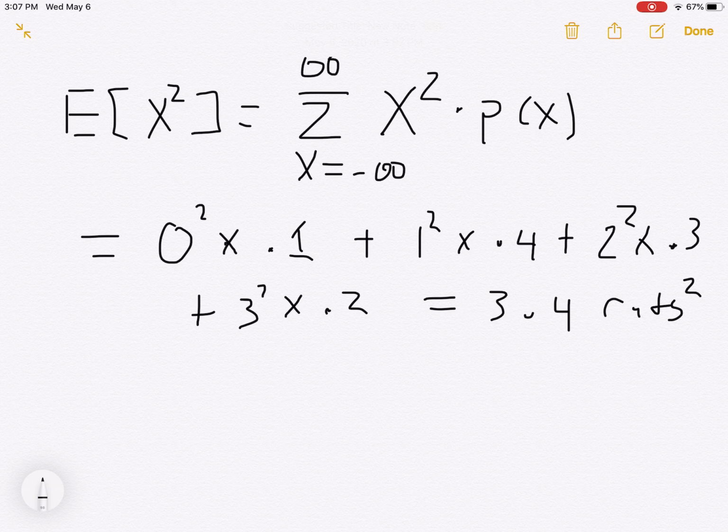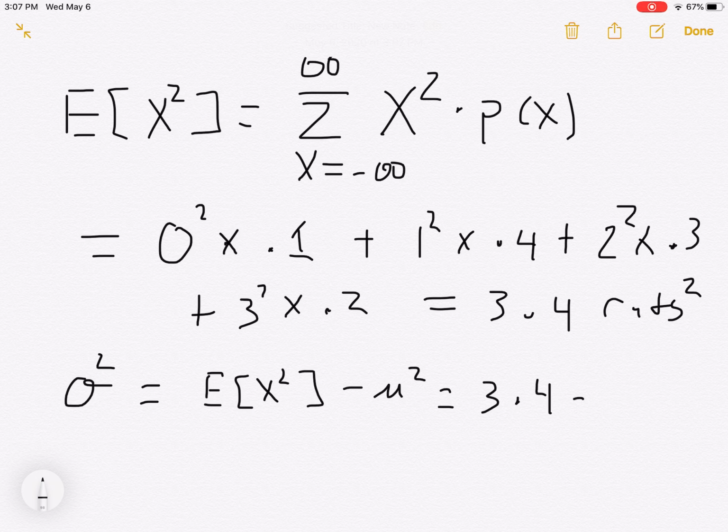So sigma squared is going to be this, E of x squared minus mu squared. So that's going to be 3.4 minus this 1.6 squared cats squared. And that number is going to wind up to be 0.84 cats squared.